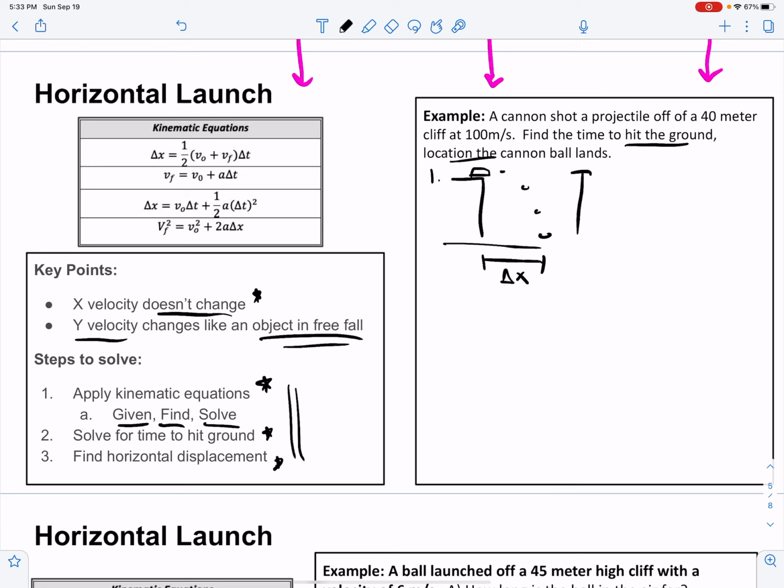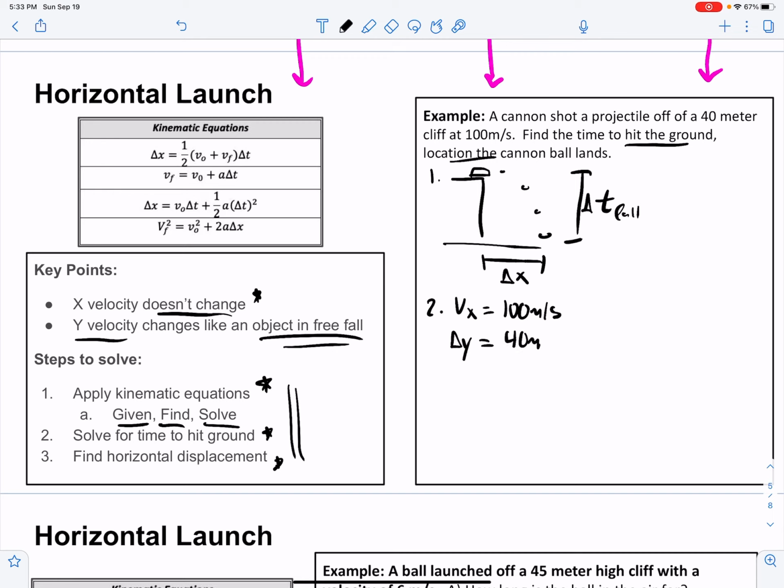We also want to find the time to fall. Okay. Step 2, let's go ahead and write out our known values. We have our horizontal velocity is 100 meters per second. Our delta y, our displacement in the y direction, is 40 meters.